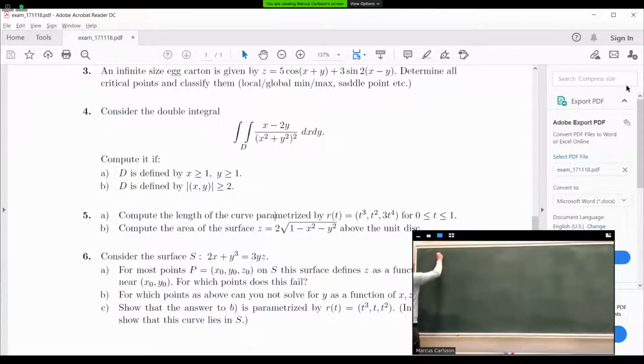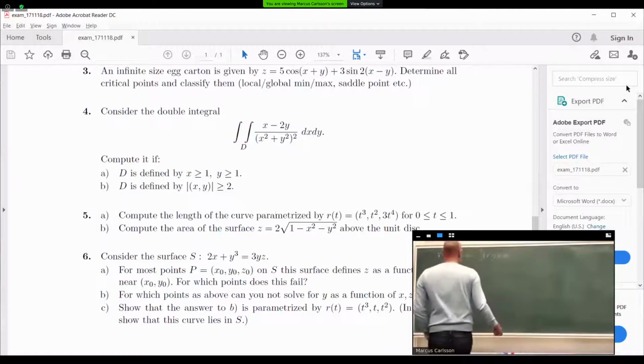in general, for a curve r of t, the length is equal to the integral. So t goes between a and b as always, I don't write that up. So you have the integral, and then you have the norm of r prime dt. Very easy to remember.